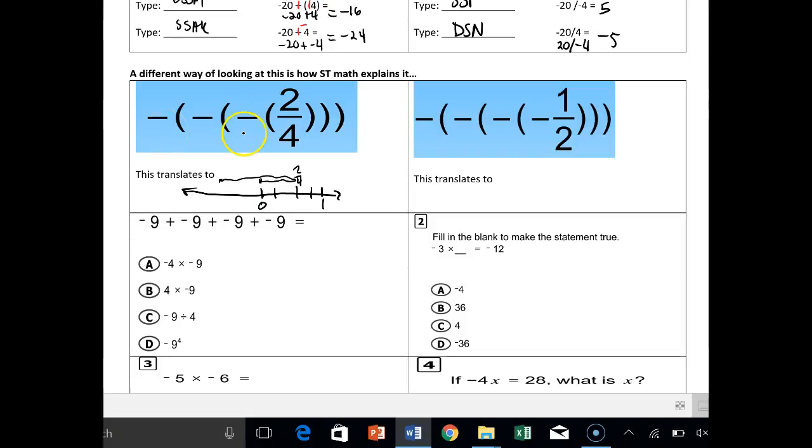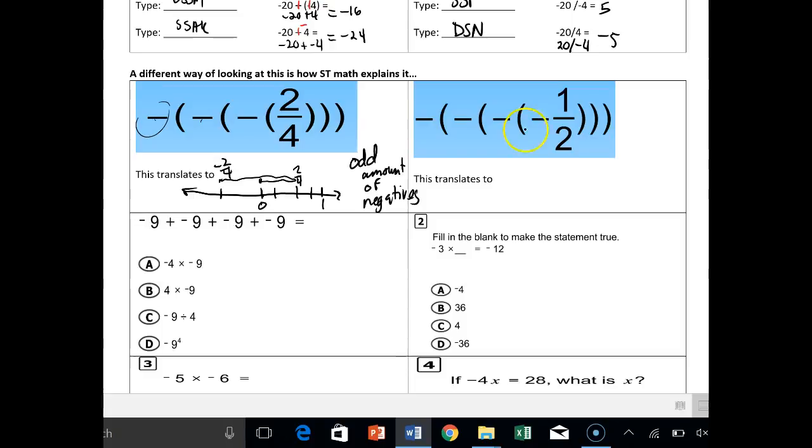So in this one, there are 1, 2, 3 negatives. It's positive 2/4, then it's negative 2/4, then it's positive 2/4, and then it stays negative 2/4. So there's an odd amount of negatives, and when there's an odd amount of negatives, your answer will be negative, right? So it's like these would be like same signs, but then this is like different signs, right? Those two guys get to match up to make it positive, but then this one's left out, so it's negative.